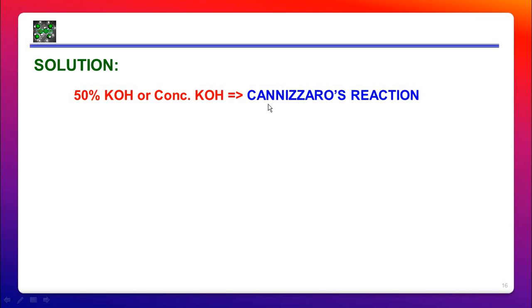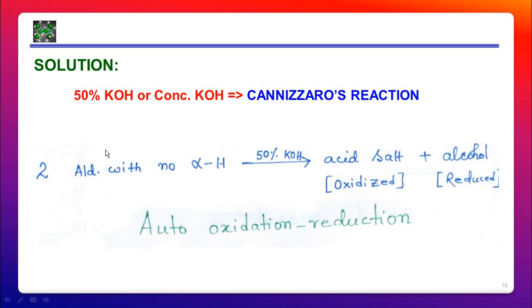In Cannizzaro's reaction the aldehyde should not possess any alpha hydrogen. It is treated with 50% potassium hydroxide and you get acid salt and alcohol. This is the oxidized species, this is the reduced species. So Cannizzaro's reaction is an auto-oxidation reduction reaction.